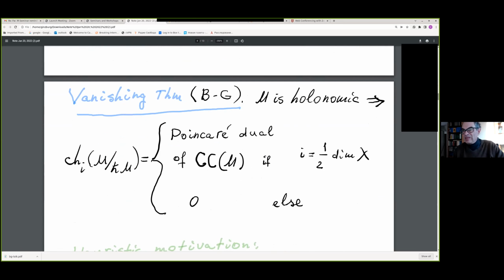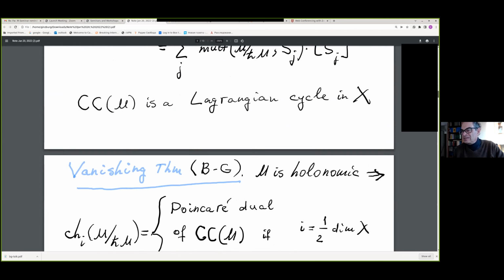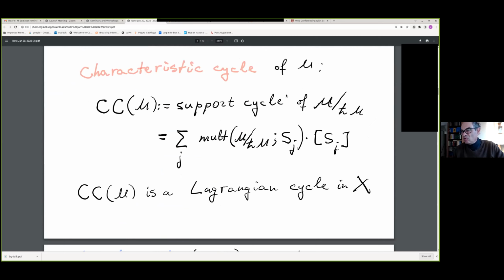So the first main theorem that we prove is this. The holonomicity condition has to do with the support, with this cycle. But now I can look at the Chern classes or Chern character of the same sheaf, M mod H bar.